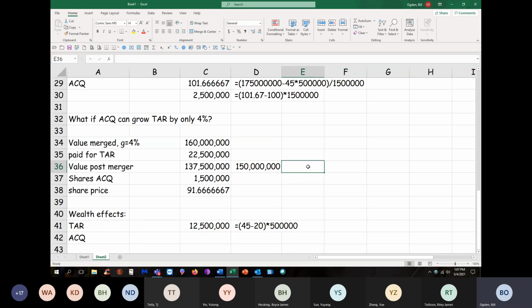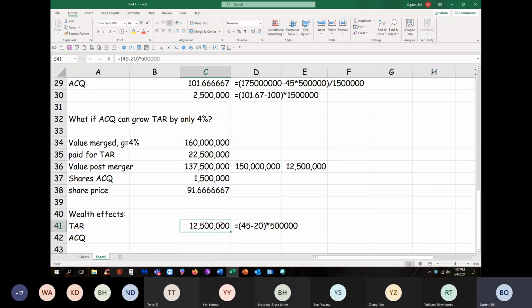So you can see that they lost, well, look at that. Since there's no synergies developed, now we're back to the situation in which the gain for one company is a loss for the other.